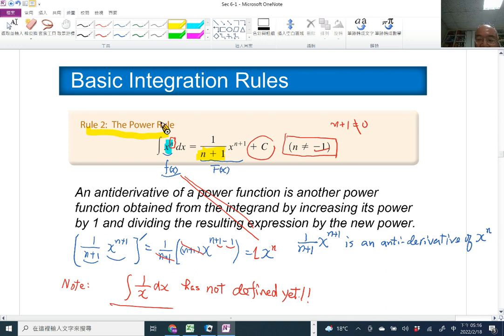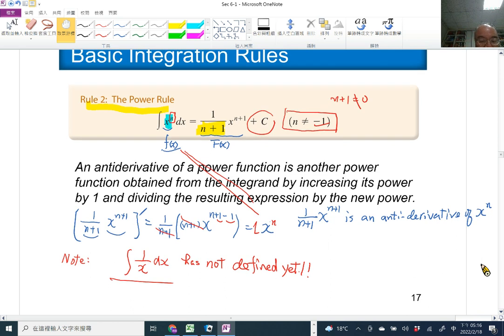Or we may say the antiderivative for 1 over x has not been defined yet from this power rule. So the power rule can apply to all kinds of x to the power n, but not for x to the power negative 1, because x to the power negative 1 is equal to 1 over x, so it does not give the antiderivative for 1 over x.